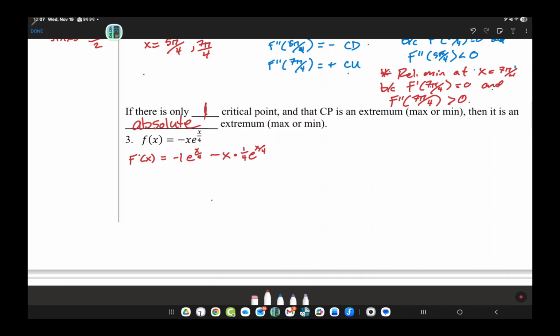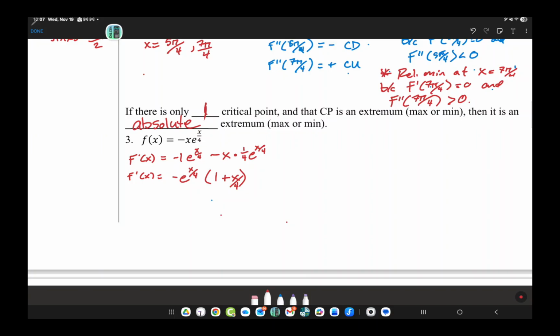Now notice you do have that negative e to the x over 4, right? So we can say f prime of x is equal to negative e to the x over 4. If we factor that out, we get 1 plus x over 4, right? If you factor out negative e to the x over 4, that's what we get.